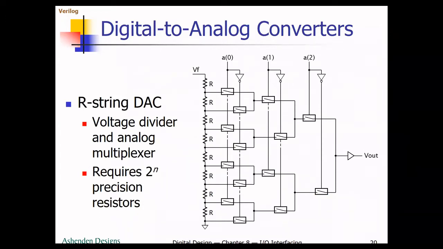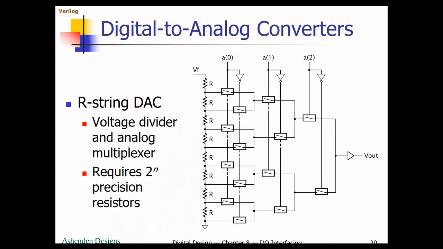In the converter, we had the R-string DAC. R-string DAC is nothing but a series of precision resistors connected as a voltage divider circuit, multiplexed to a comparator.